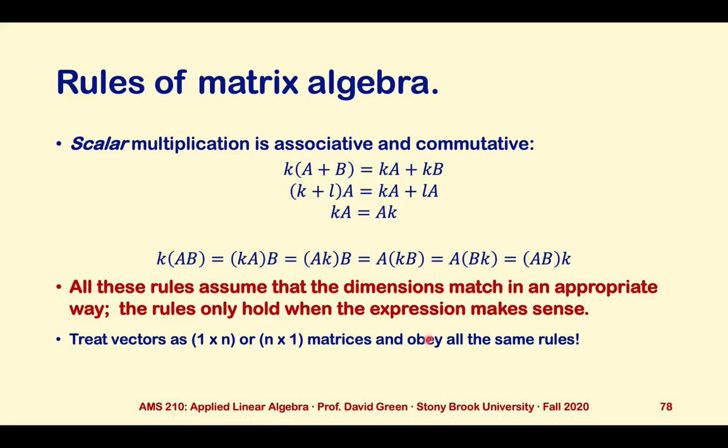We can treat them exactly the same way, and all of the same rules apply. We don't need a different set of rules for vectors. We just treat vectors as if they were single-row or single-column matrices and use the rules for matrices.